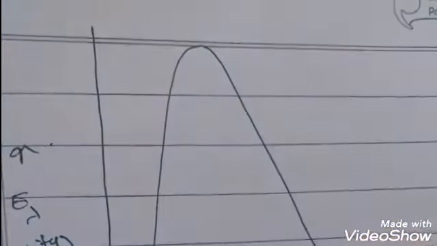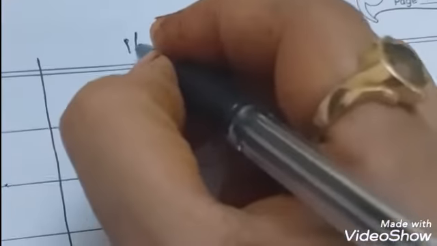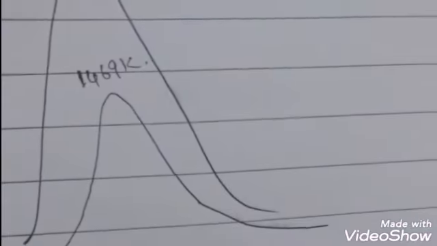If we draw a graph for different wavelengths at different temperatures, we get curves like this. First the curve is like this, which we can say is 1646 Kelvin, right? Another curve we'll get like this, this is 1469 Kelvin.